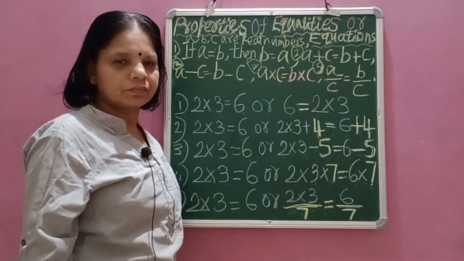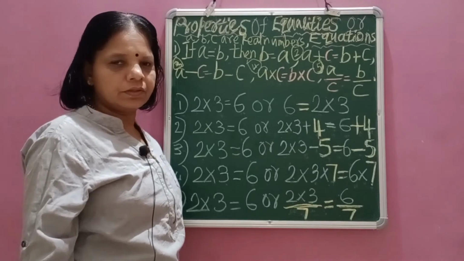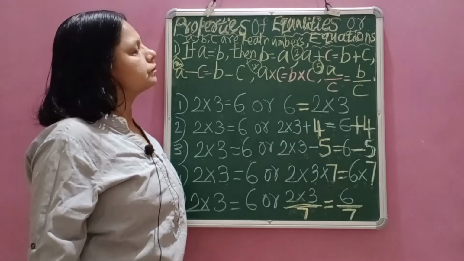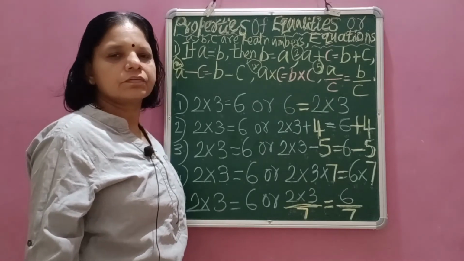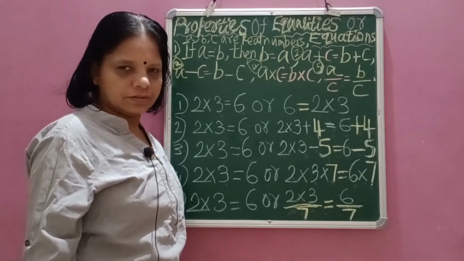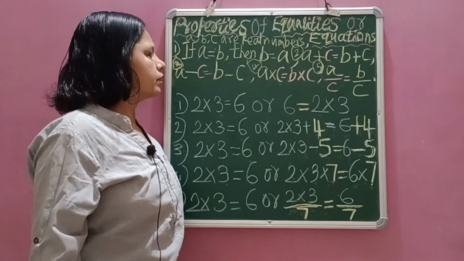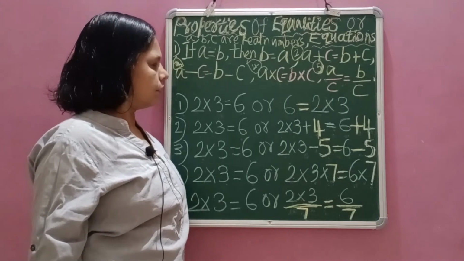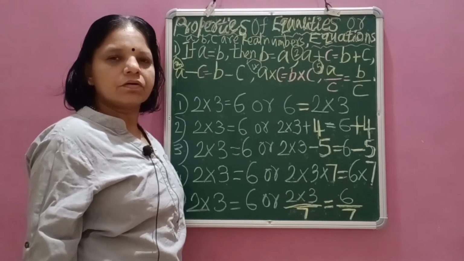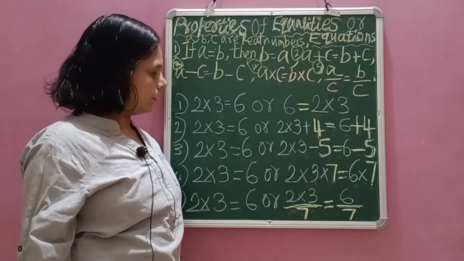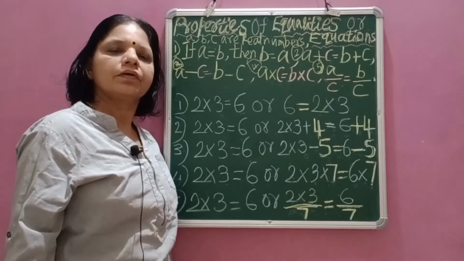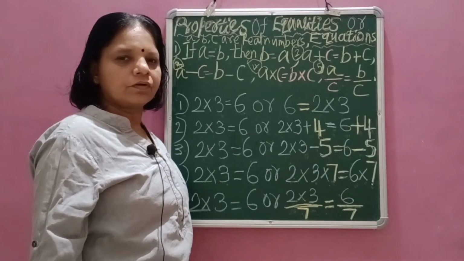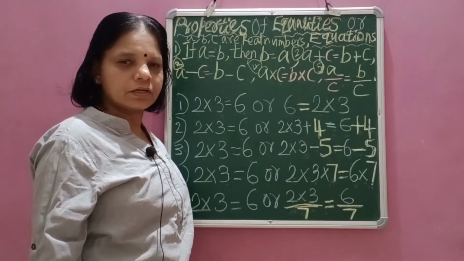So what are they? If A equal to B, then B equal to A. If A equal to B, then A plus C equal to B plus C. If A equal to B, then A minus C equal to B minus C. If A equal to B, then A into C equal to B into C. If A equal to B, then A divided by C equal to B divided by C. So what is the property in general?